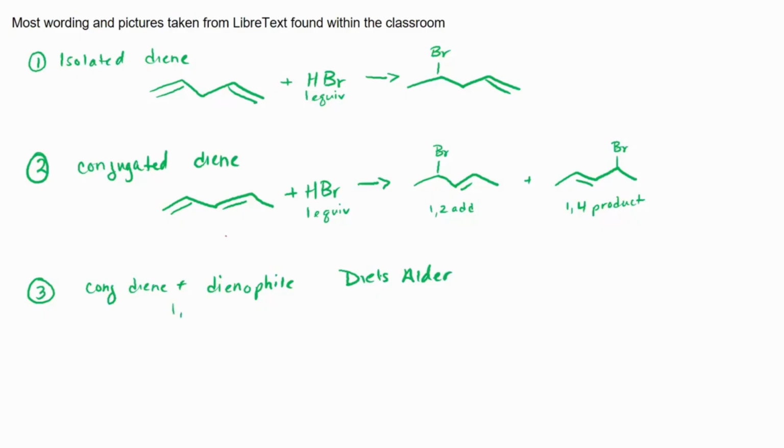So if we have our conjugated diene, 1, 2, 3, 4, I'm adding to 1 and 4. And then I'm just going to take my dienophile here, and then I form the addition product. So there are 3 reactions with this video.